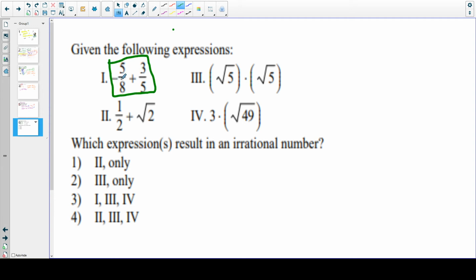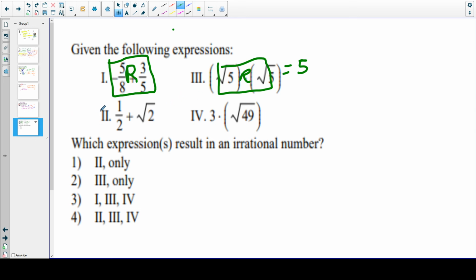Both fractions have integer numerator and denominator, so this is a rational number. Number 3, you might say to yourself, oh, this is irrational and this is irrational, but this is actually the exception. If you multiply the square root of 5 times the square root of 5, your answer is 5. So this is also rational.